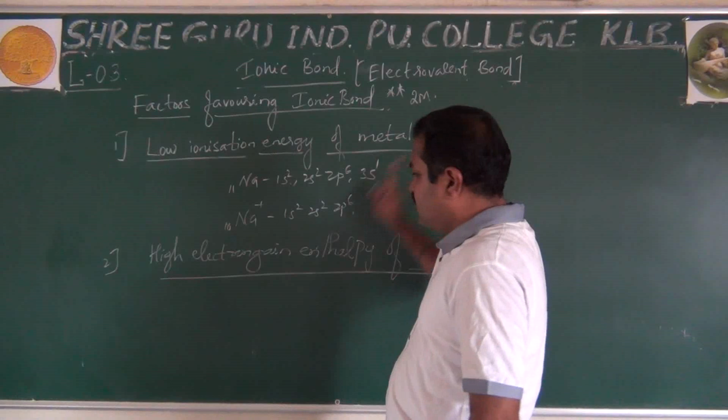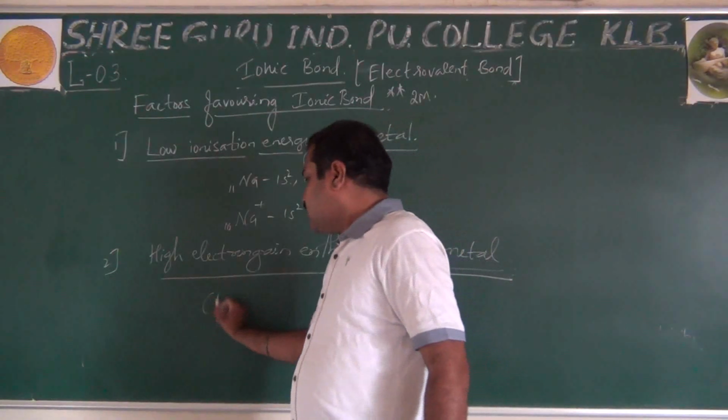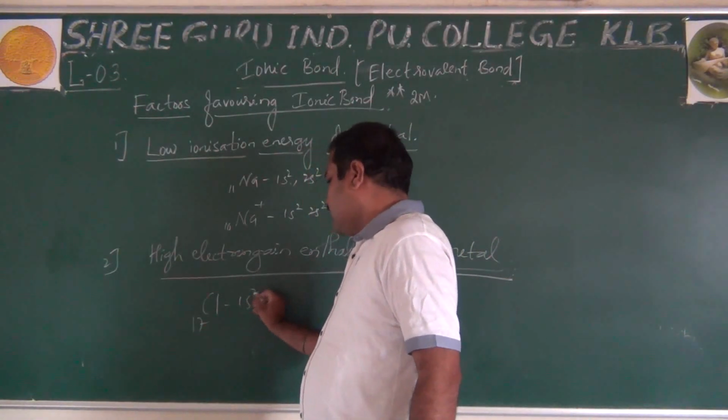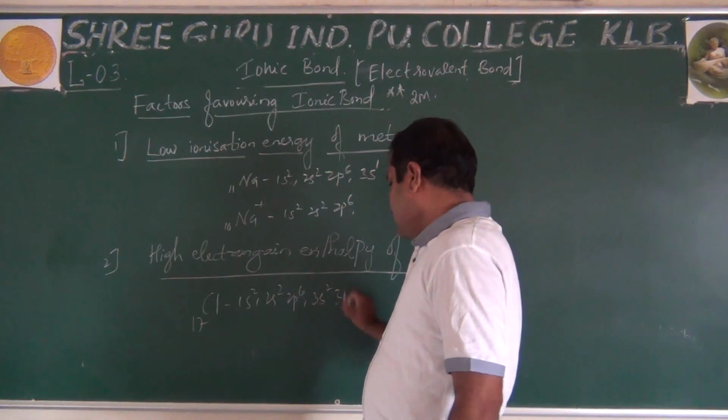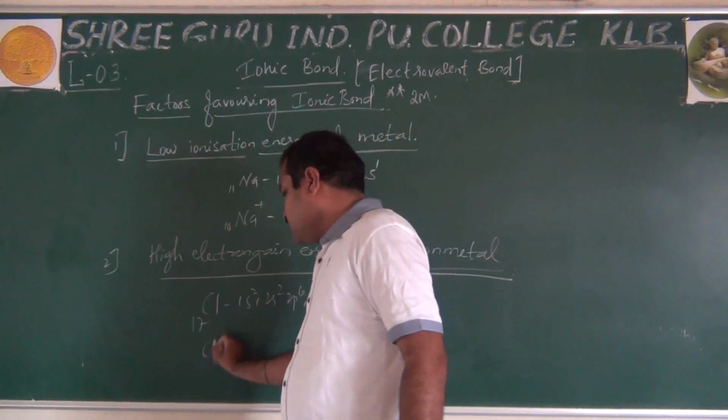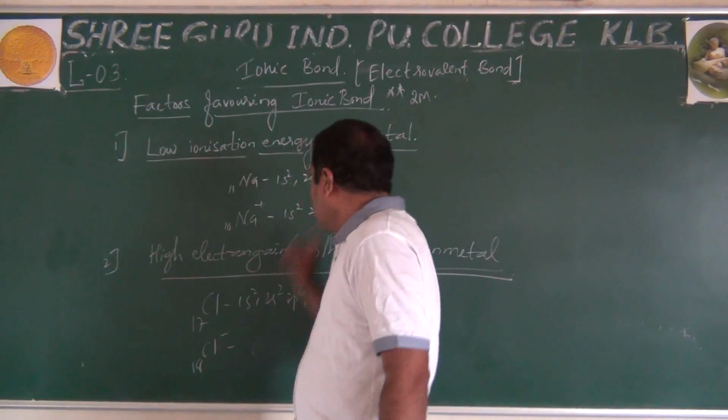This is cation and this is anion. So taking the same example, chlorine 17: 1s2, 2s2, 2p6, 3s2, 3p5. It gains the electron which is given by sodium.